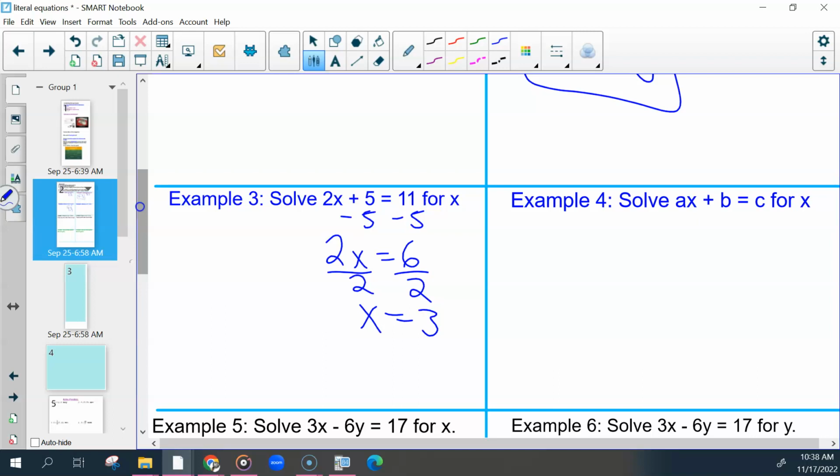Now looking at example 4, how would we solve that? Matthew? Subtract b. But when we subtract b, c and b are not like terms, so we're not going to combine them. We're just going to move the b to the other side. We have ax equals c minus b.